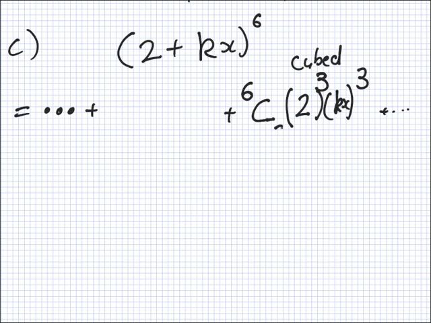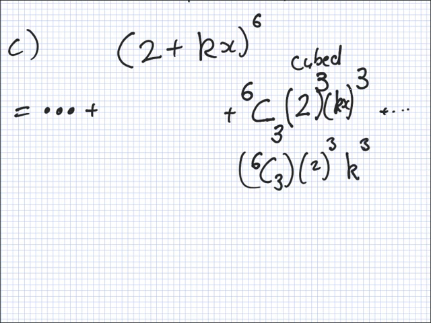And what goes here? 3. You don't care about the x because the word coefficient means what? The number in front of the x. So the coefficient is 6c3, 2 cubed, and k cubed. Is that okay so far?